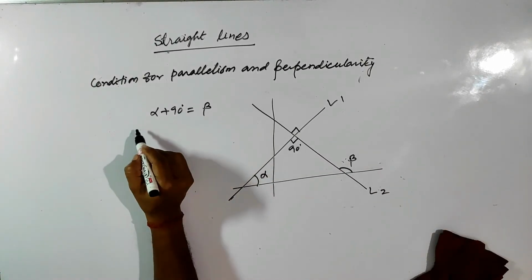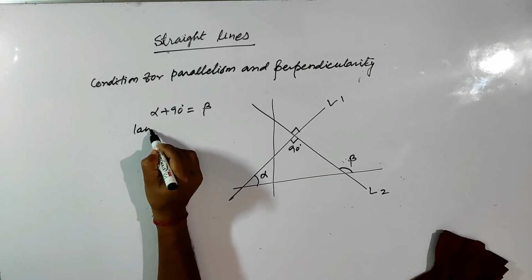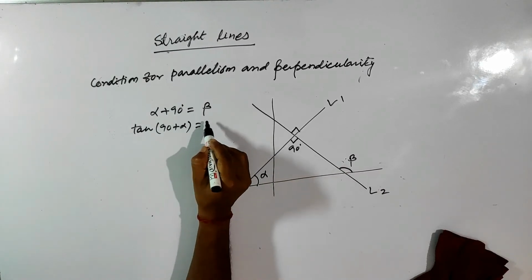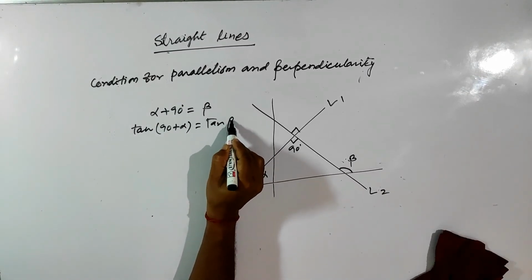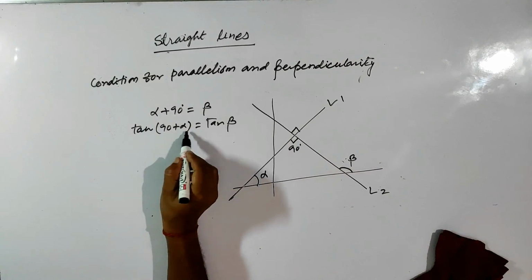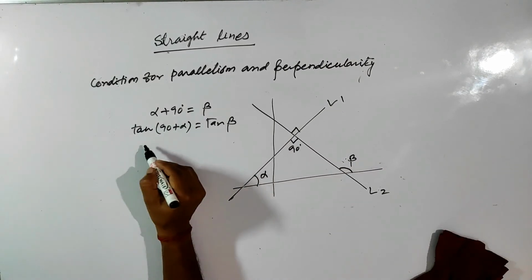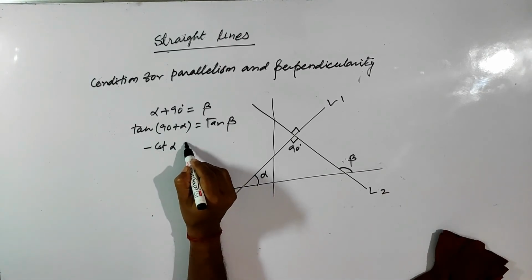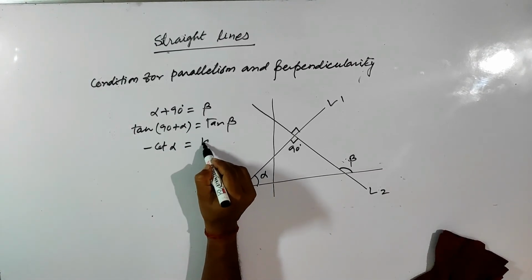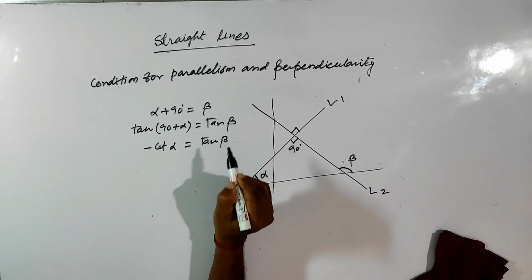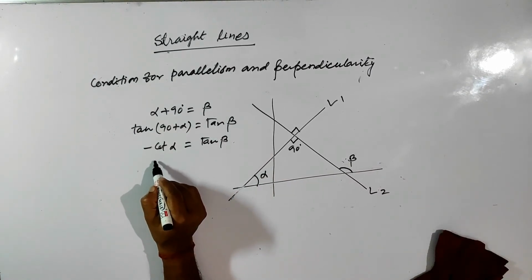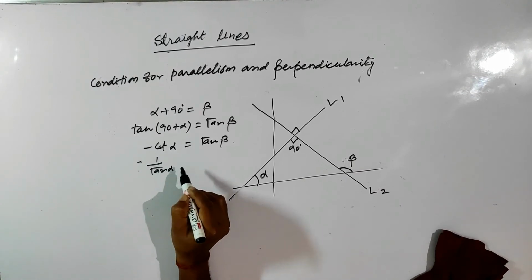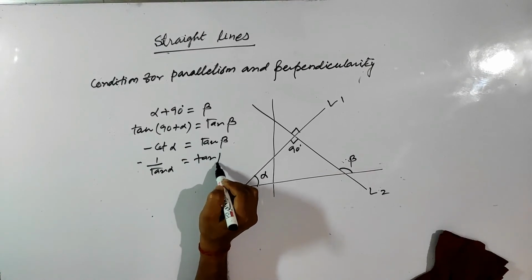Now take tan on both sides: tan of 90 plus alpha is equal to tan beta. Tan of 90 plus alpha is minus cot alpha, which equals tan beta, or minus 1 upon tan alpha is equal to tan beta.